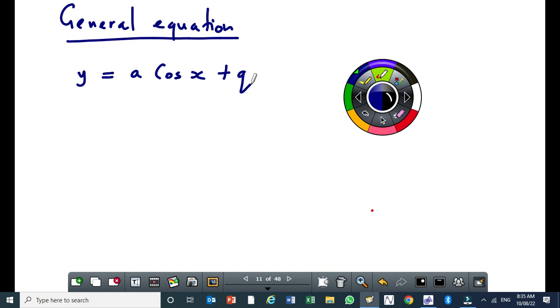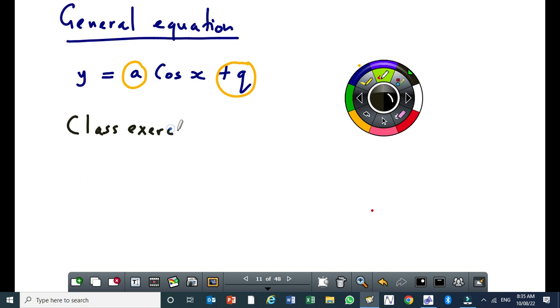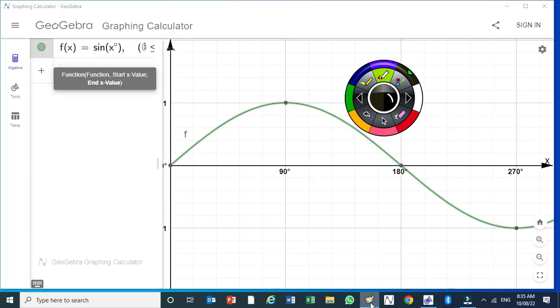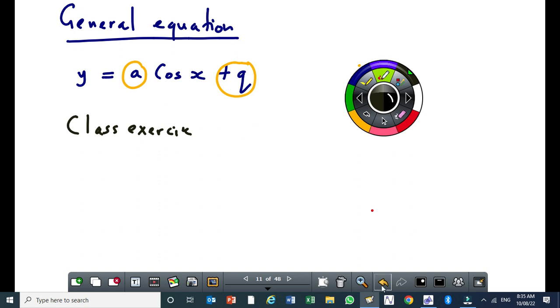The graph A cos x, the sine, okay? And then, okay, so you need to sketch.